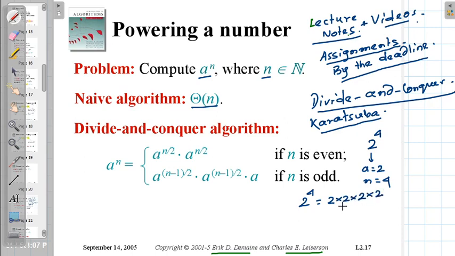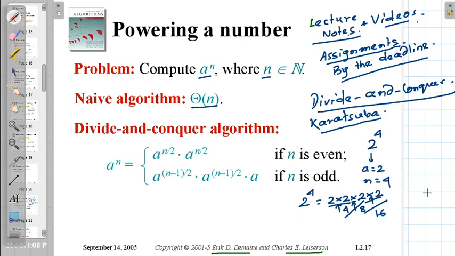So how many multiplications? The first gives 4, then 4 times 2 gives 8, and then 8 times 2 gives 16, right? If n equals 4, how many multiplications do we need?